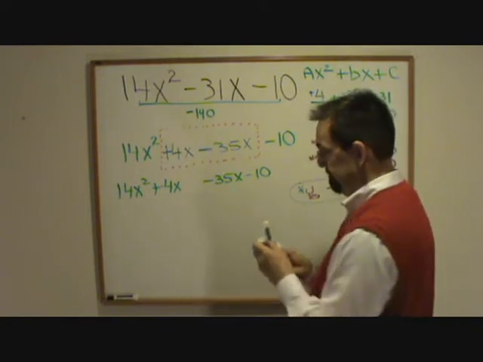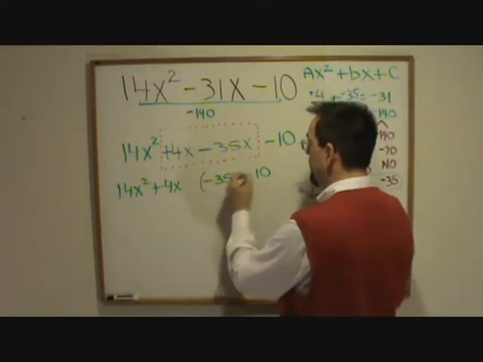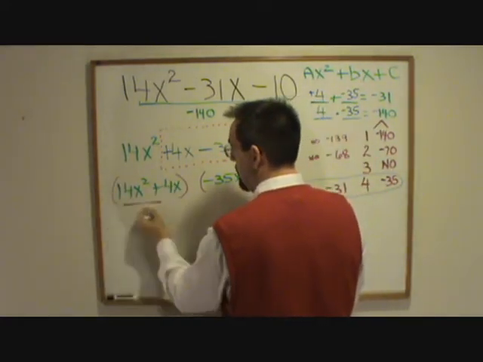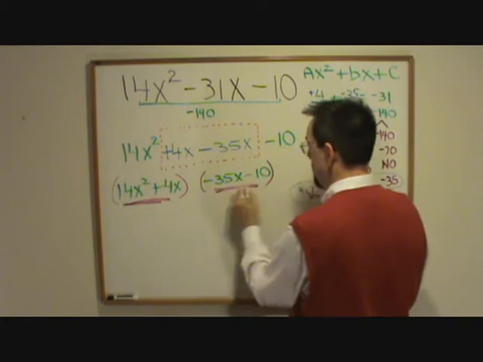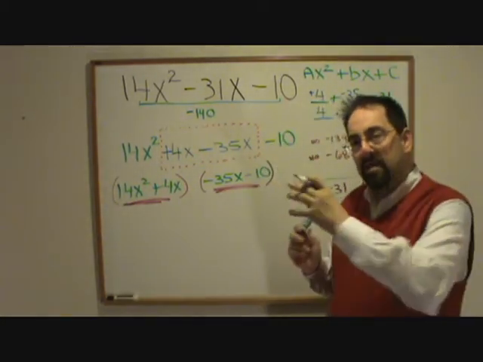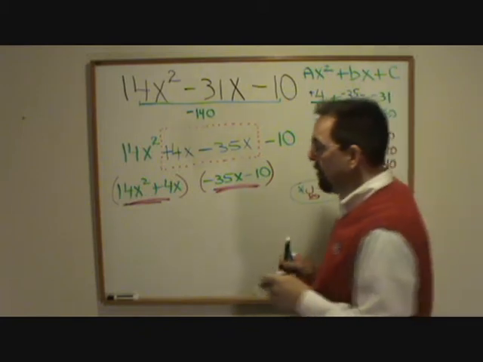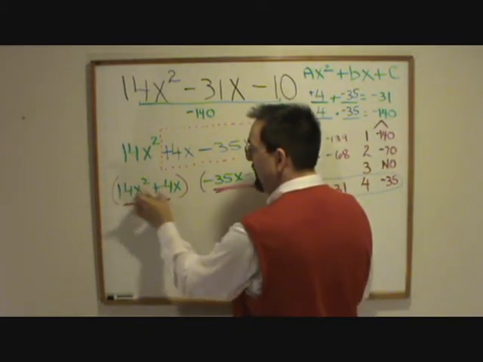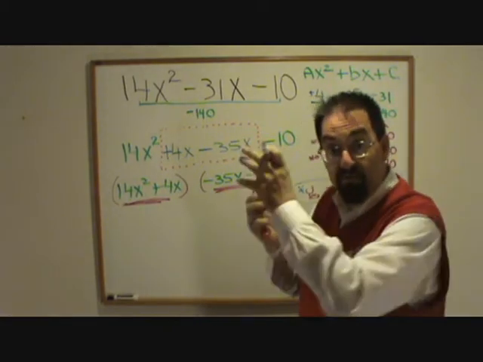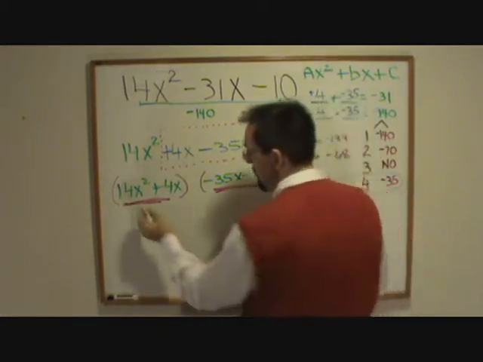Here's the tricky part. I'm going to put a little bracket around this and a little bracket around this. I want to find what I can pull out of there. What's common to both of these terms that I can pull out? A kind of reverse factoring, if you will.